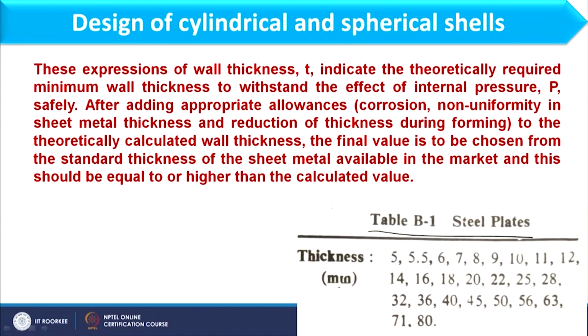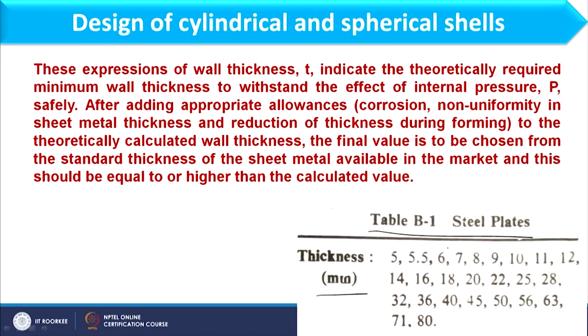Now, what happens after that? There are sheets available in the market which have standard thicknesses. So, whatever thickness is available above T plus corrosion allowance, that we will consider as the standard thickness, and that value you can see from table B1, which gives the standard thickness of steel plates.